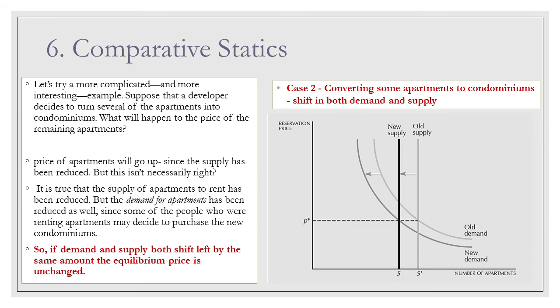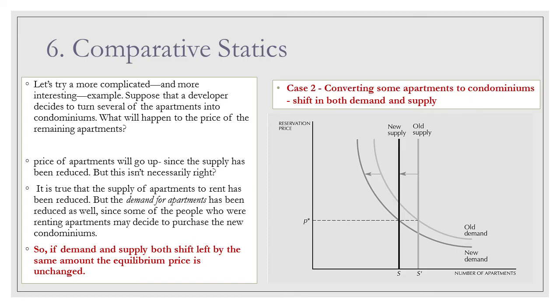If you observe from the figure, the supply curve shifts from the old supply to the new supply, and the equilibrium price, which was initially at P star, with the number of apartments at S prime, shifts to a new equilibrium, with the same price and the quantity reduced to S. The supply curve has shifted, and this is what our intuition says.